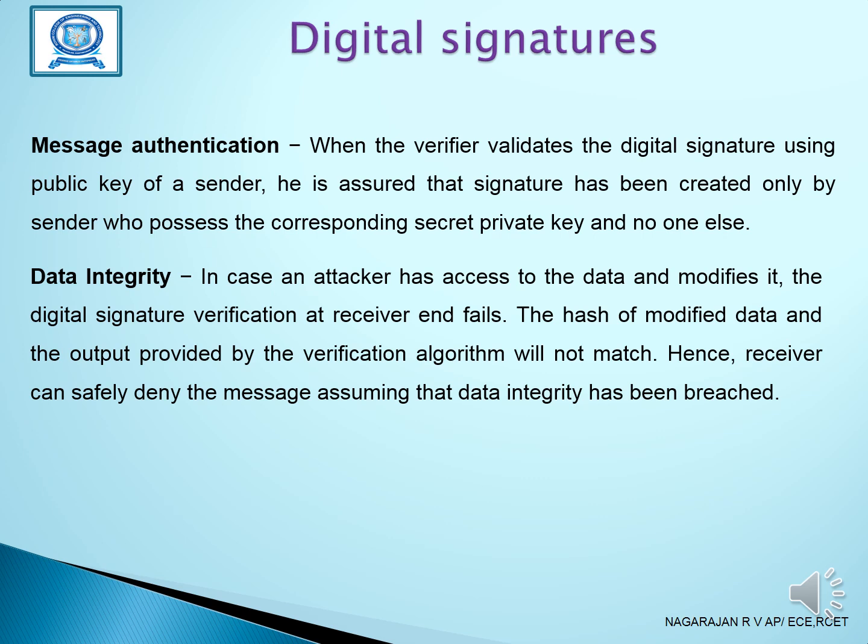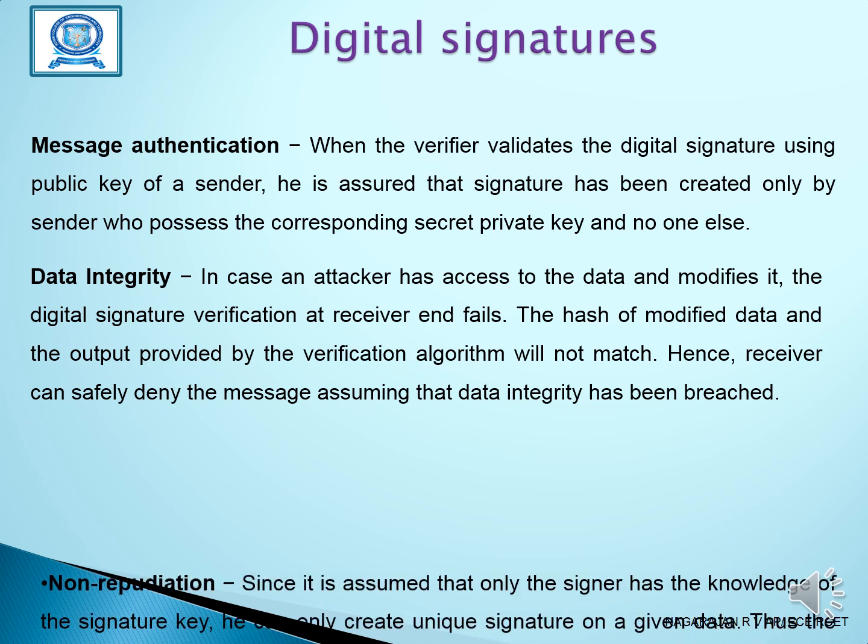In case an attacker has access to the data and modifies it, the digital signature verification at the receiver end fails. The hash of the modified data and the output provided by the verification algorithm will not match. Hence, the receiver can safely reject the message, assuming that data integrity has been breached.